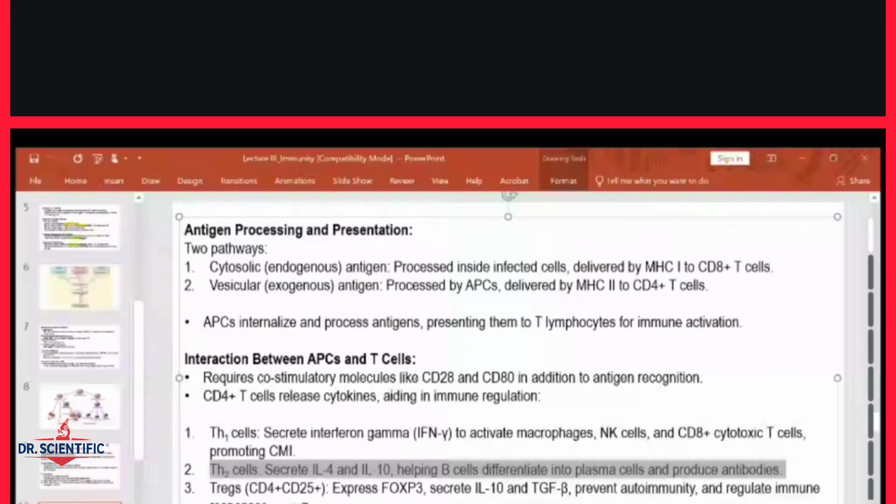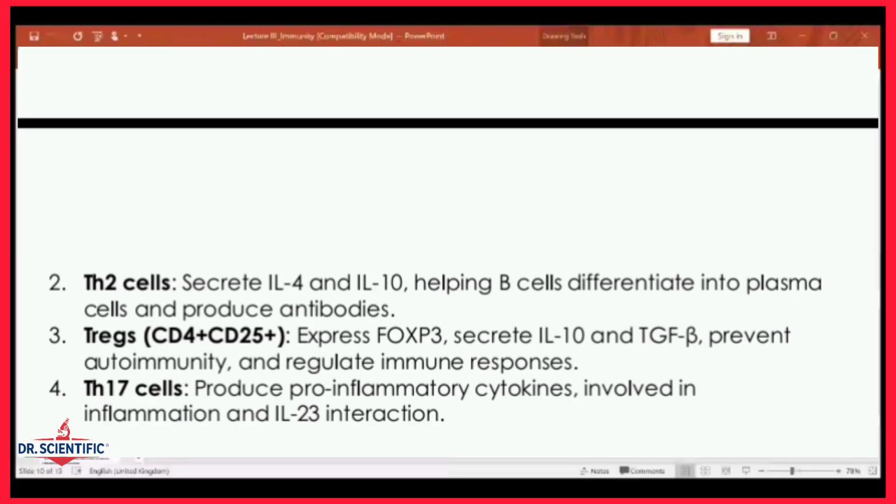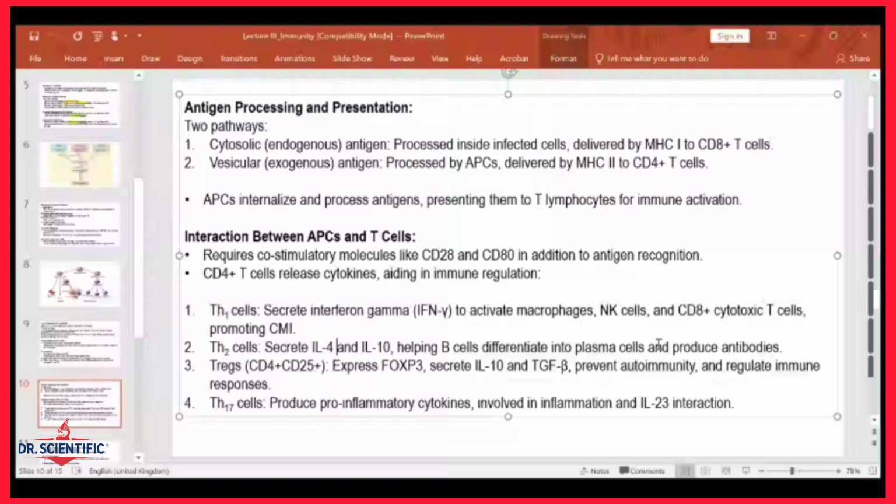That is where the name comes from. We're just saying they're secreting IL-4 and IL-10. And interleukin-4 and interleukin-10 will help B cells to differentiate into plasma cells. So, in other words, they help B cells mature into plasma cells, and once they become plasma cells, then they are able to produce antibodies.